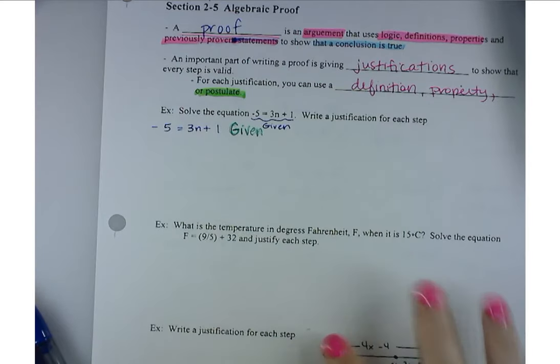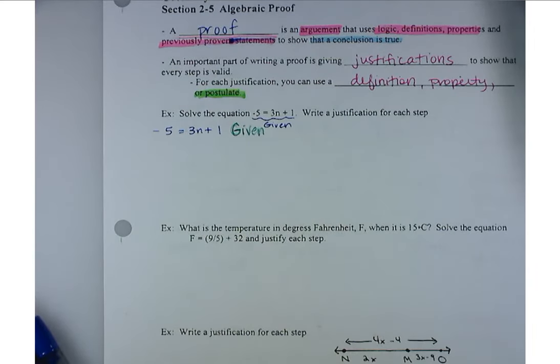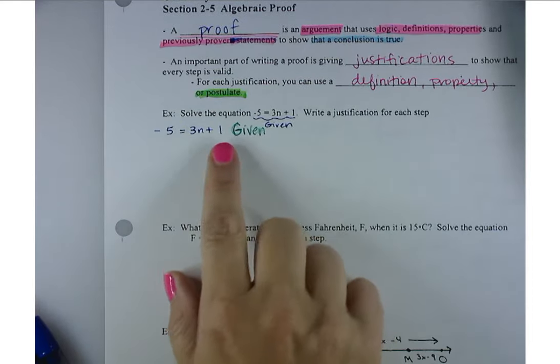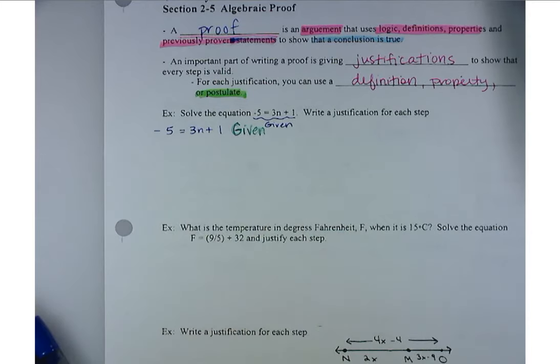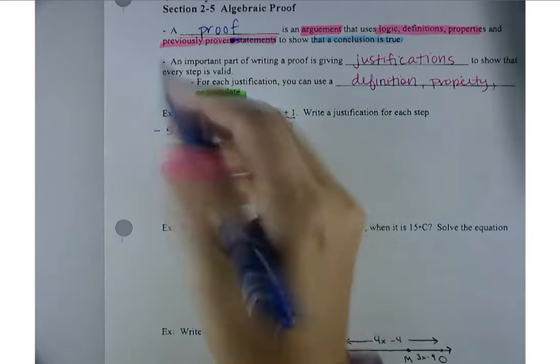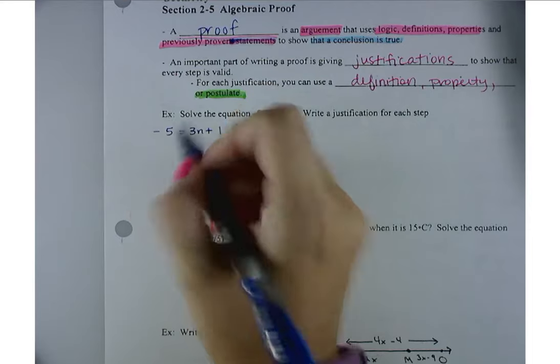Okay, so Jared, if I was solving this equation for n, what would I do next? You get 3n on one side and regular numbers on the other side. Okay, so I already have 3n on this side, so let's move this number over. How would I move the 1 over? Subtract 1 from both sides. You would subtract 1 from both sides, right? So if you're subtracting 1 from both sides, what's negative 5 minus 1?